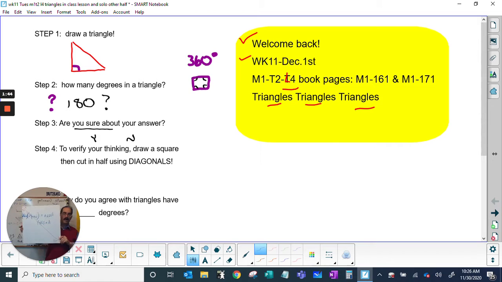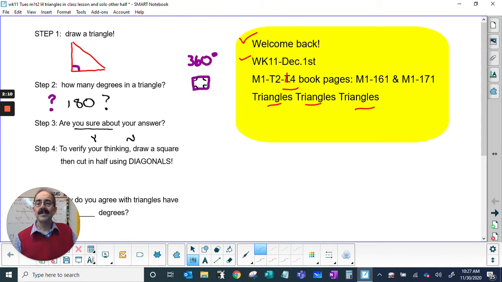Remember our box, our square. When I asked you to come up with the equation for a triangle, length times width, remember what we did? We cut it in half. If a square has 360 degrees, how many degrees in a triangle?